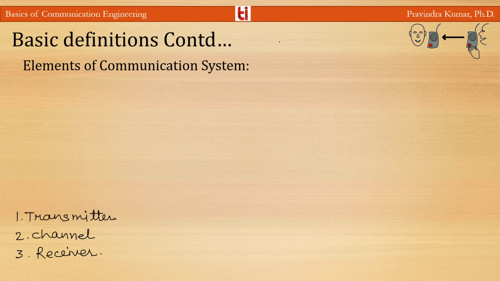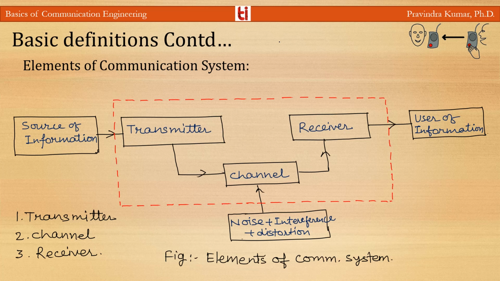Now we are on the topic elements of the communication system. Irrespective of the form of communication system, analog or digital, there are three basic elements of every communication system: transmitter, channel, and receiver. This block diagram shows you the different elements of the communication system.